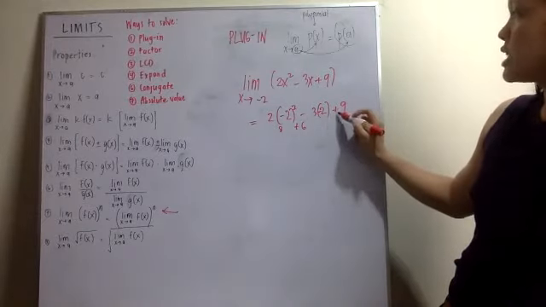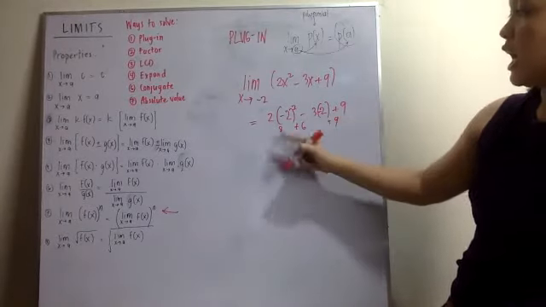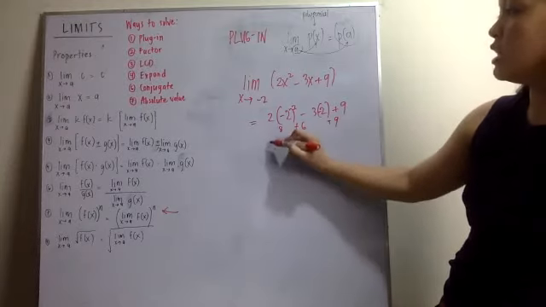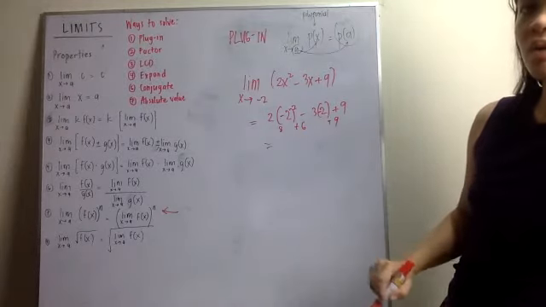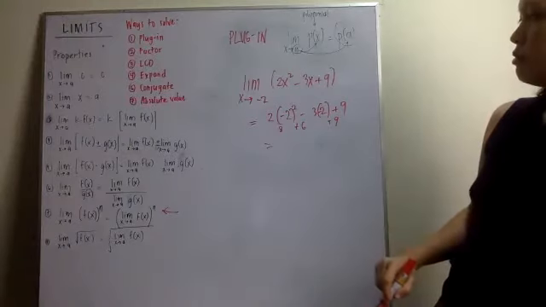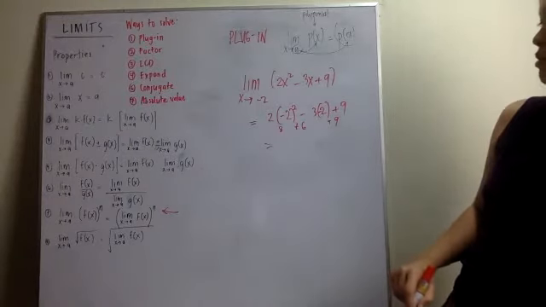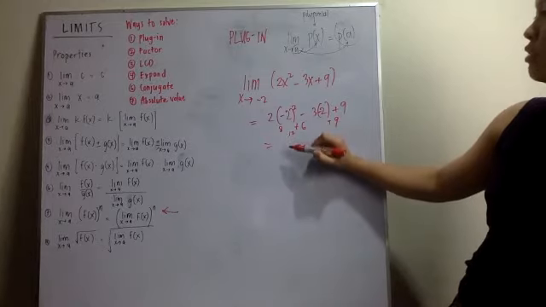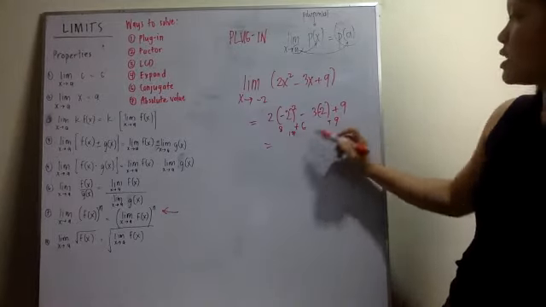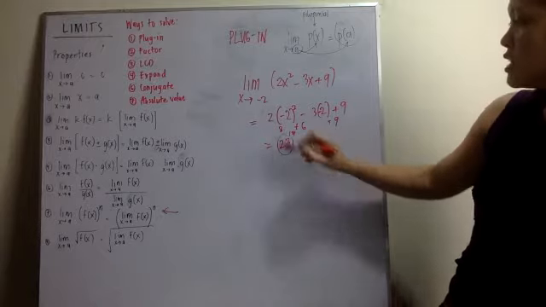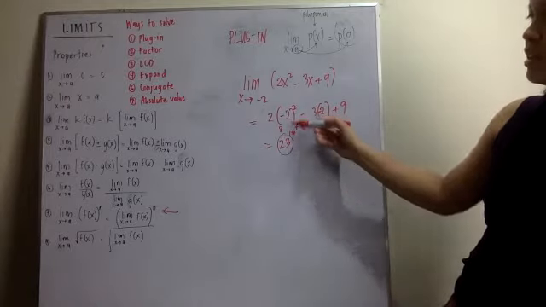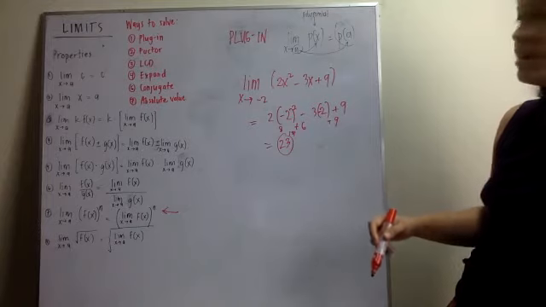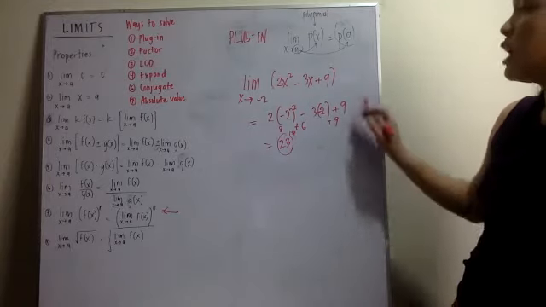Okay, plus 9. 8 plus 6 plus 9, that's equal to, anong sagot? 14 plus 9, 23. Saka nagkamali? Dito? Sa yung sign po. Okay, so be careful lang sa sign na.